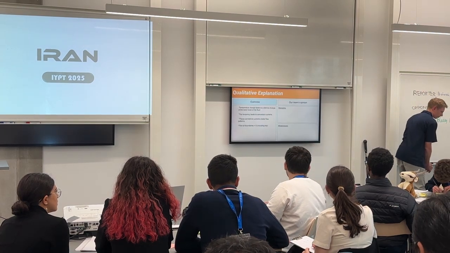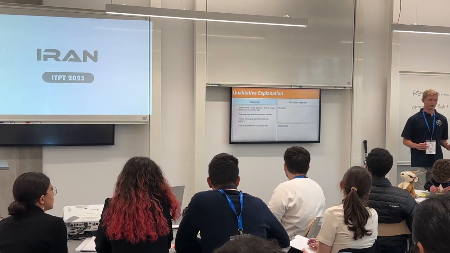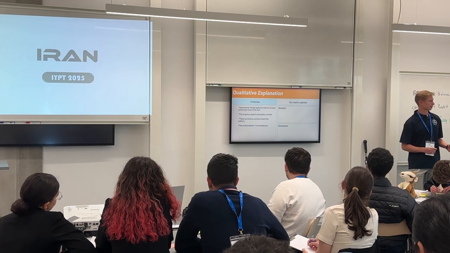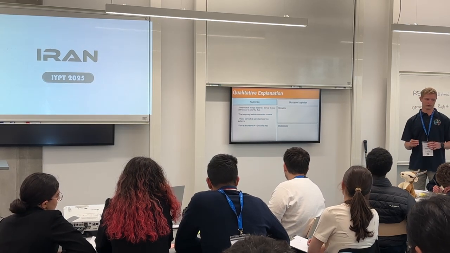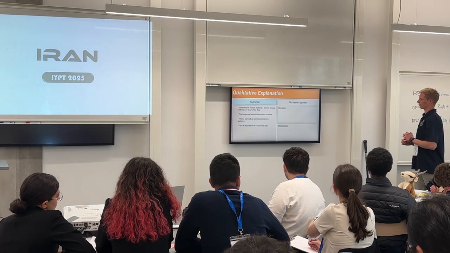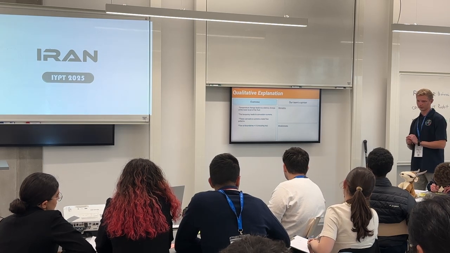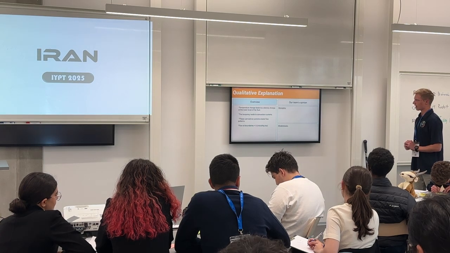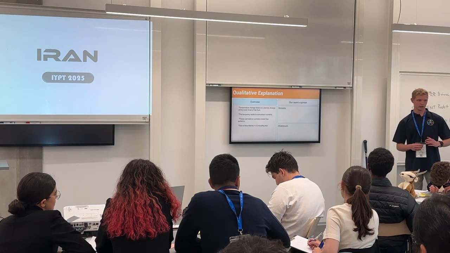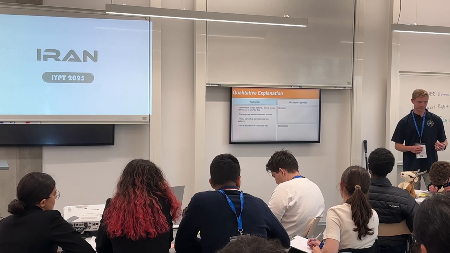And then, furthermore, an overview of the quantitative explanation. When the liquid is placed on the heating plate, the fluid at the bottom has its temperature increased, and that will decrease its density. Because its density is lower, it will experience a force of buoyancy.